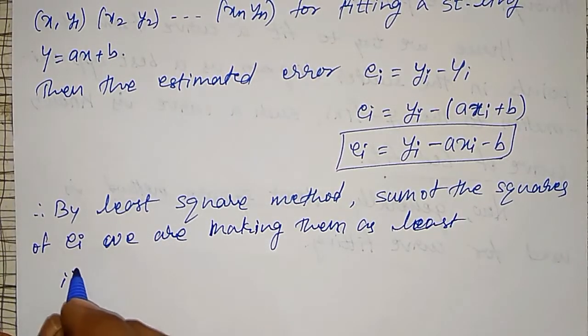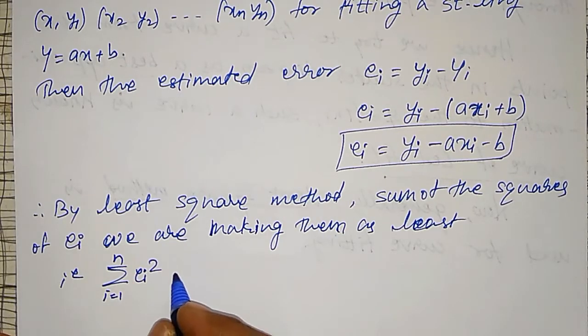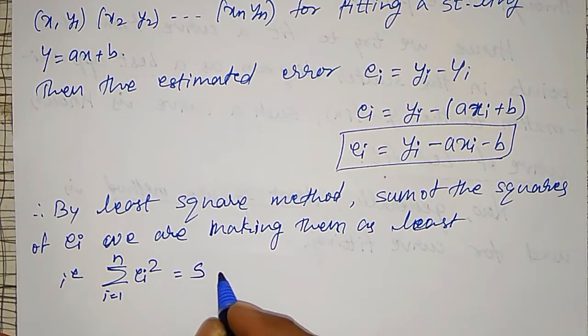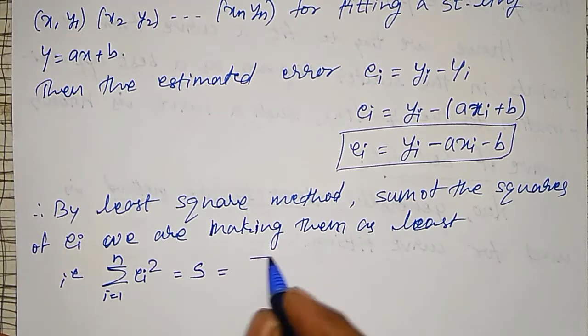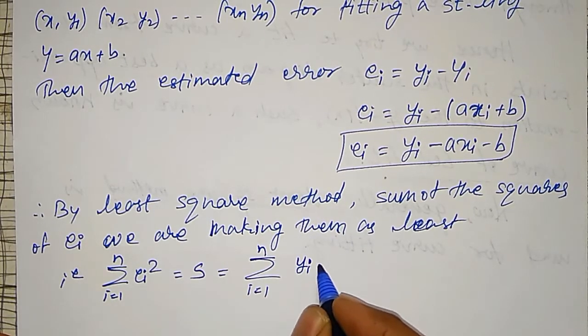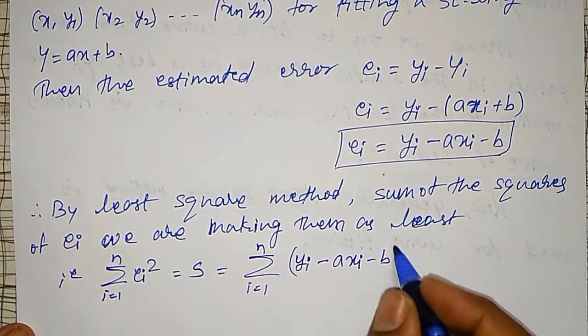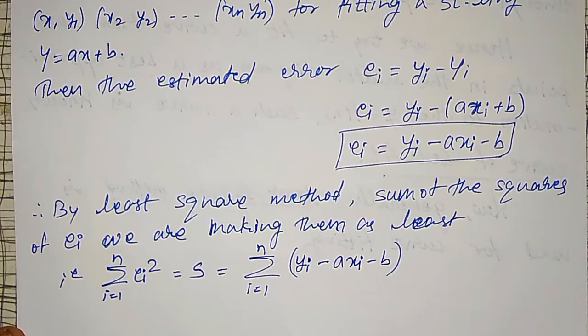That is, the sum of ai squares, i equal to 1 to n, I will call it S, equal to the sum i equal to 1 to n of (yi minus axi minus b) squared.